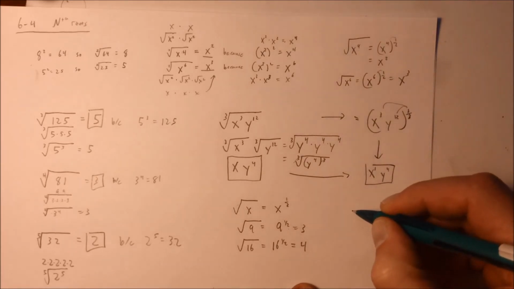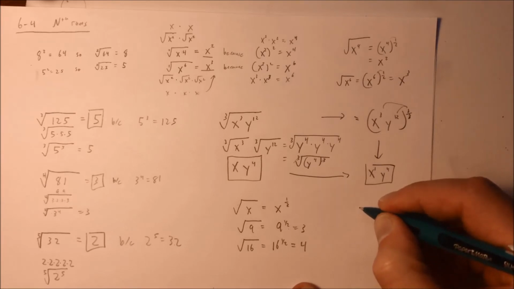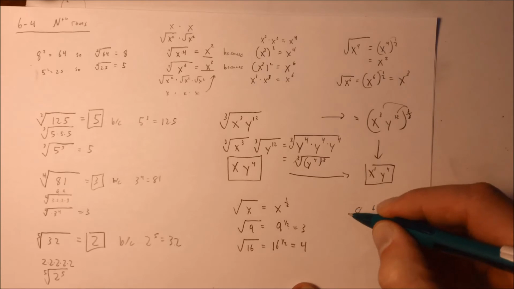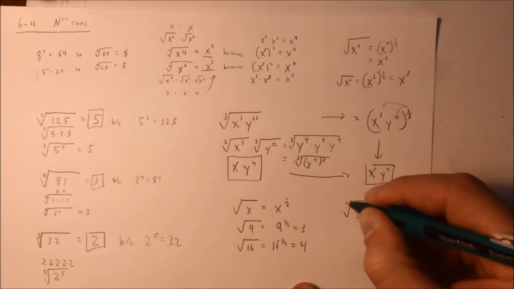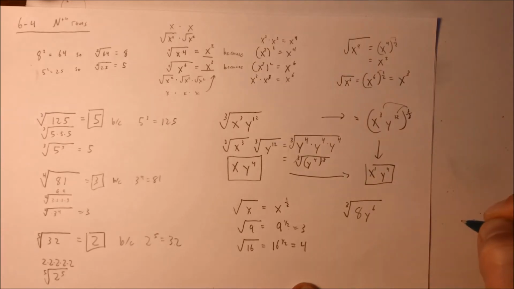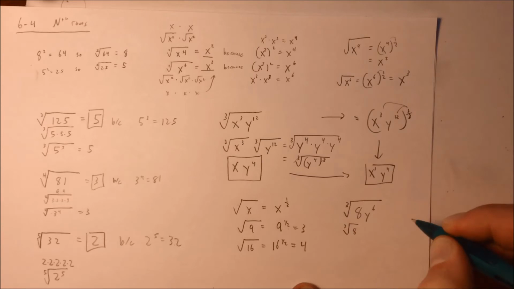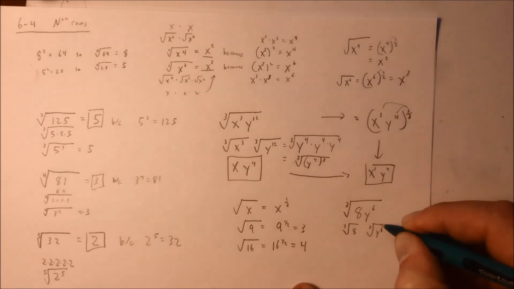One more example here. If I gave you 8y to the 6th and said find the cubic root of this, well, I'm going to break it up into the cubic root of 8 and the cubic root of y to the 6th.